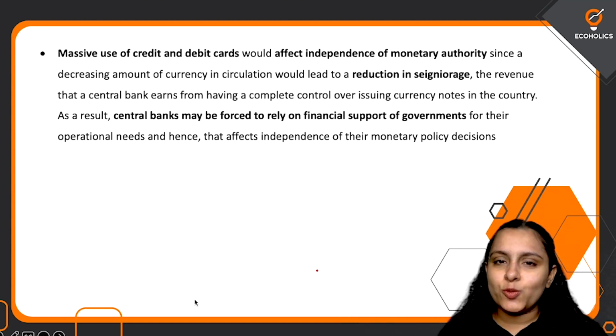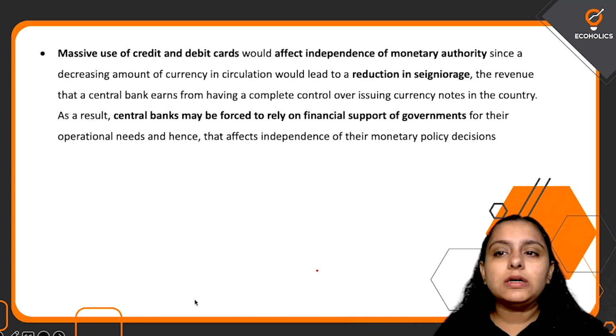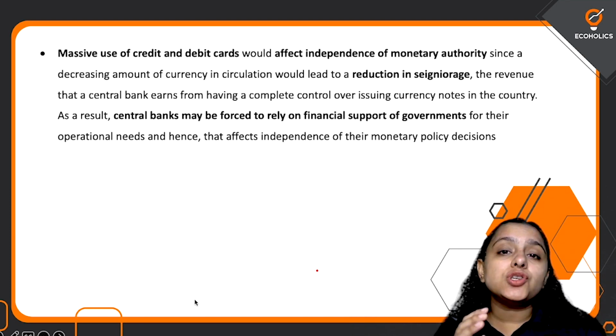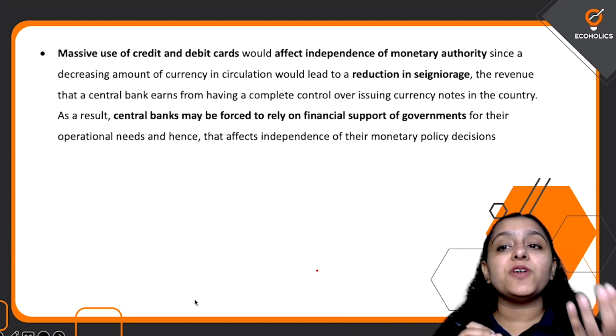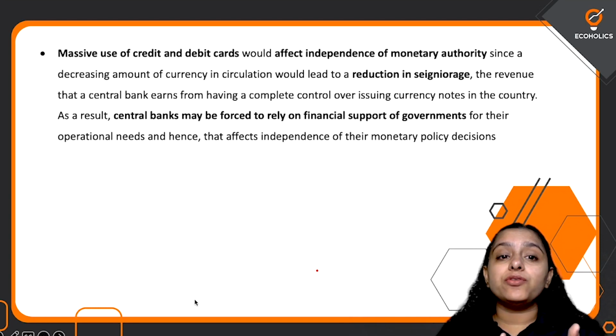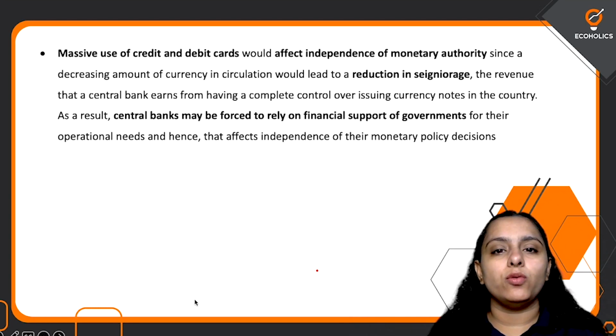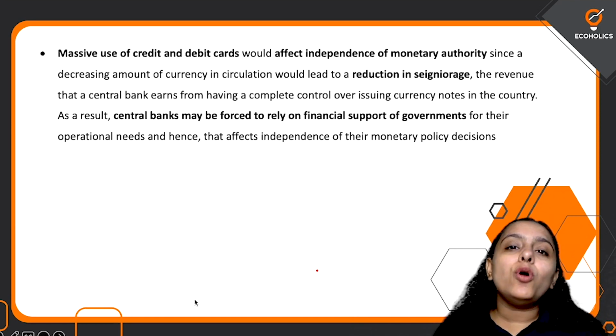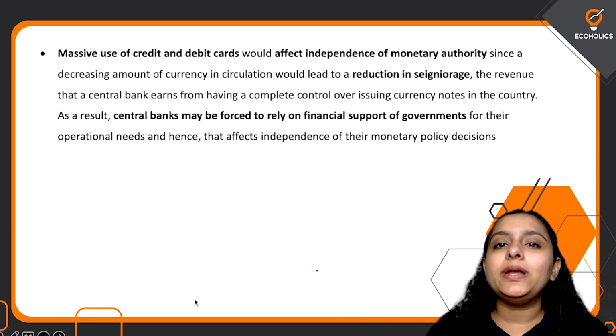Now what happens when the central bank issues money? The government is also involved in that. What happens is the production cost of money and the face value of money have a difference, and that is where the central bank earns the revenue. So if money is not getting circulated, we do not need the money to be printed again and again.